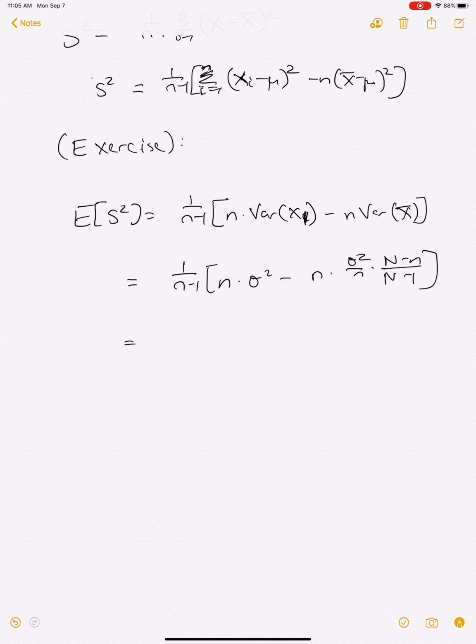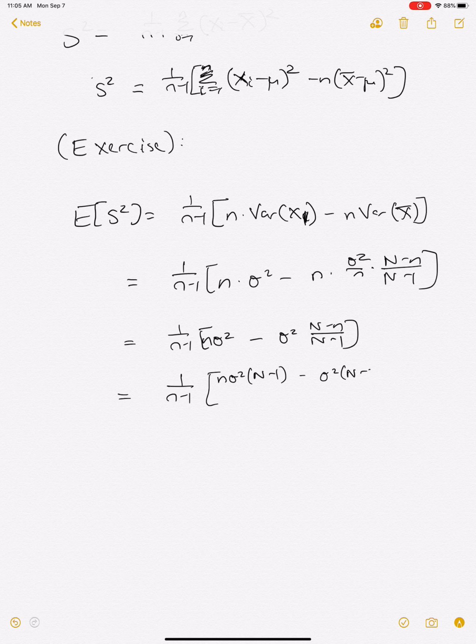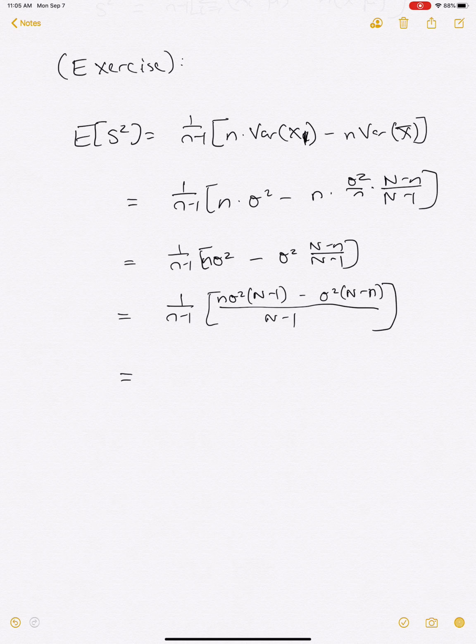And so what we end up with here, if you expand that out, is n minus 1 for the sigma squared times n, and then divide that by n minus 1.